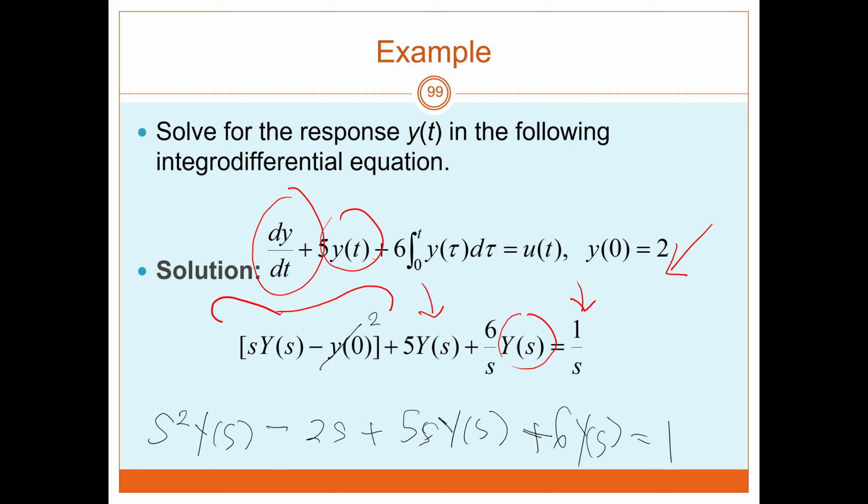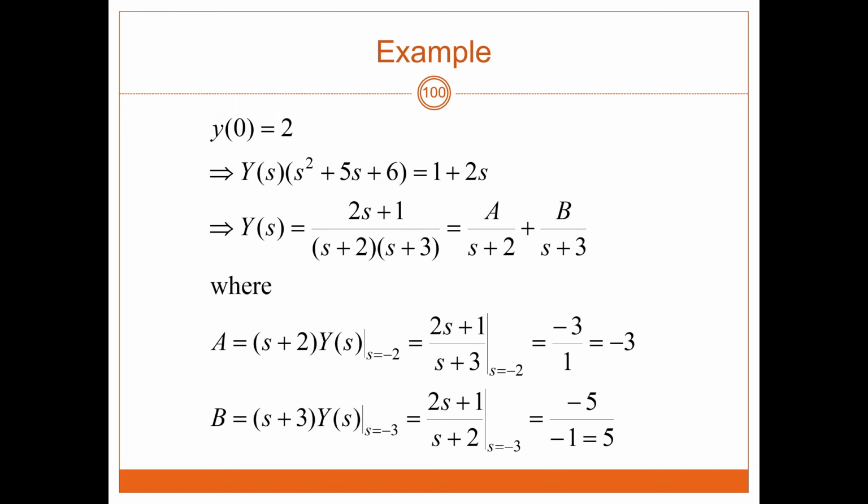When we substitute the initial condition, this one becomes 2. Now in the equation, since there is an s here, we want to make the s at the numerator, so we multiply by s: s squared ys minus 2 here becomes 2s, plus 5s ys plus 6. Multiply, so it will lose this one, becoming equivalent to 1. Now we rearrange, ys times s squared plus 5s plus 6 equivalent to 1 plus 2s.